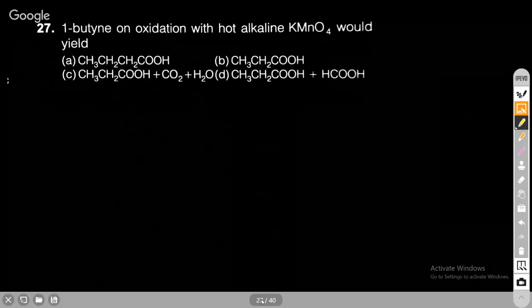What is the answer? Hot alkaline KMnO4. So oxidation takes place. Why is it C? Why A, Shreyas?